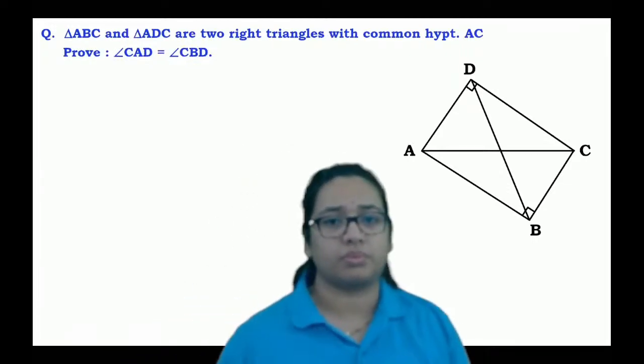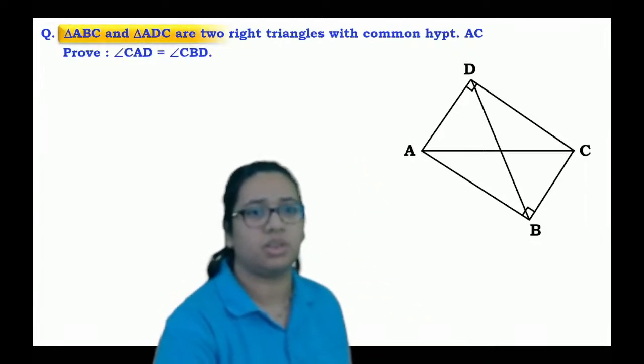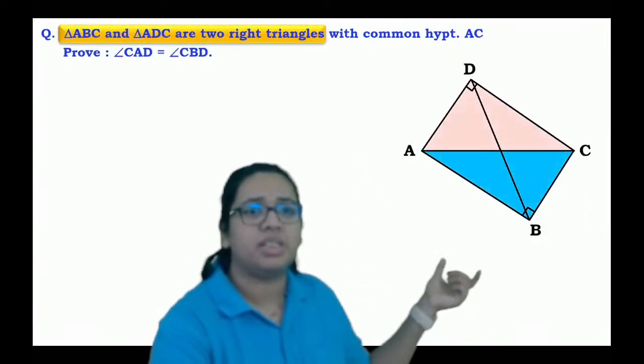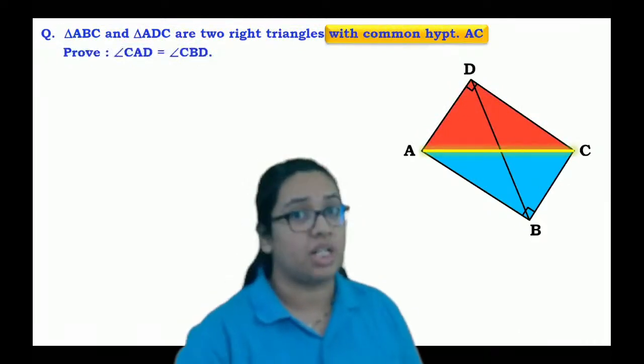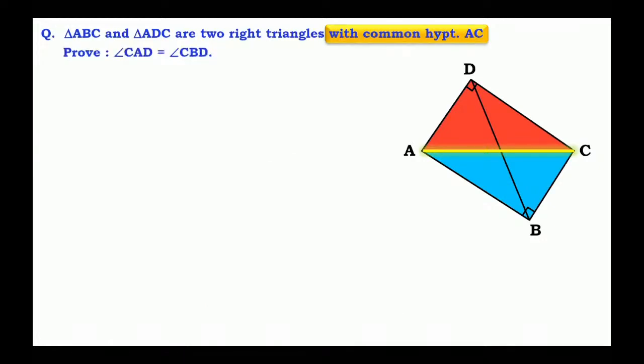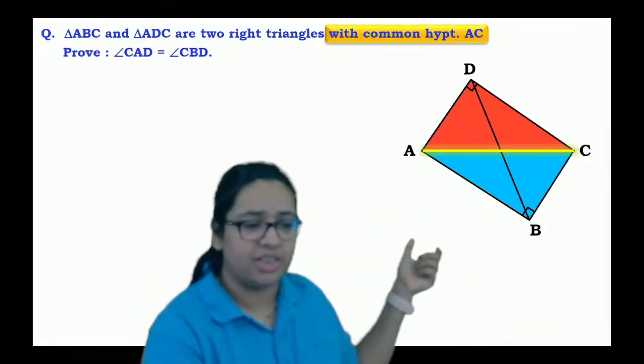So as triangles ABC and ADC are two right angle triangles, just consider, करो आपको करना क्या पड़ेगा यहाँ पे, ठीक है? We have these two triangles, correct?